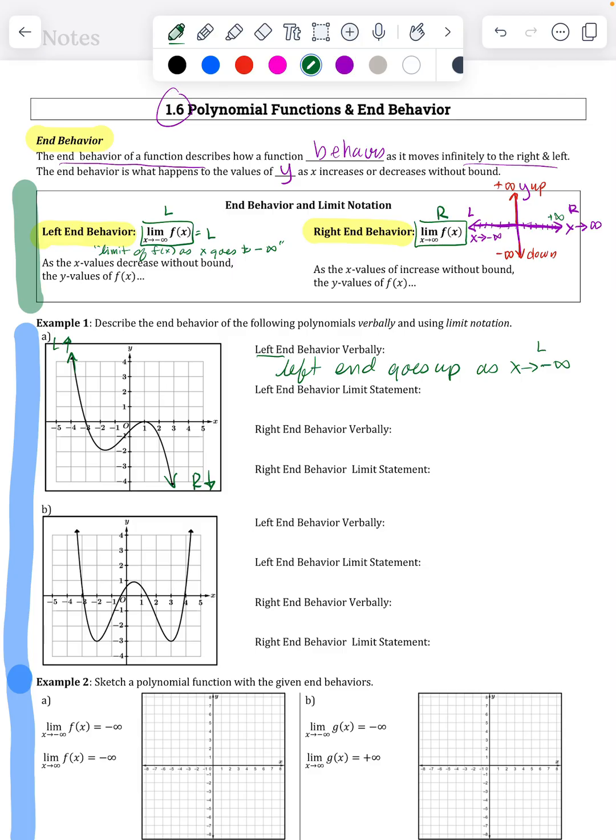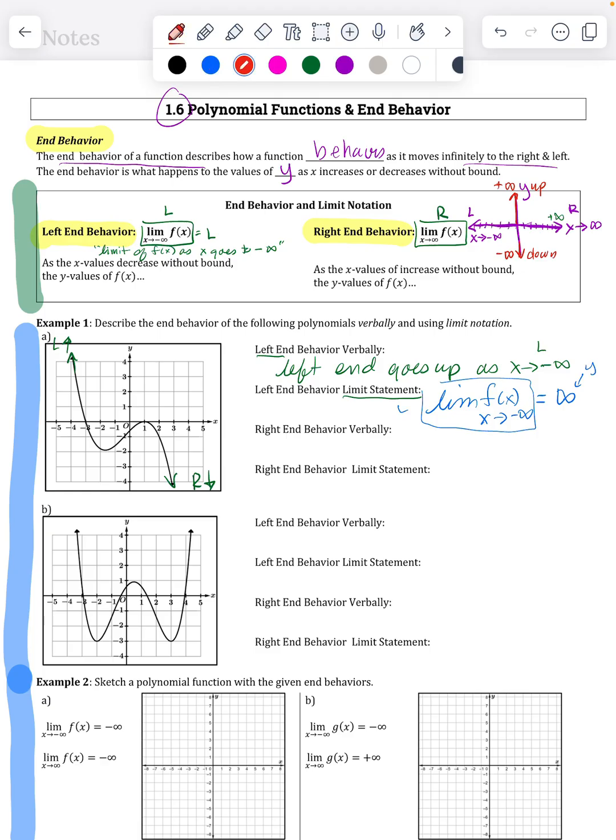So the left end behavior in a limit statement, this is the thing that you really want to practice, you would write the limit of this function as x goes to negative infinity, since you're talking about the left end, is, and then to say that it's going up, you would say infinity. So this is telling you what the y or the graph is doing, and this whole section is telling you whether you're looking at the left or right end.